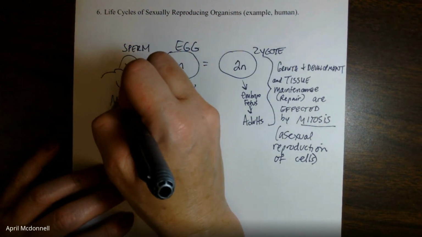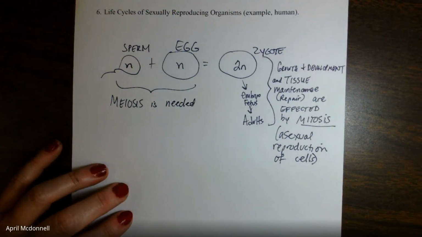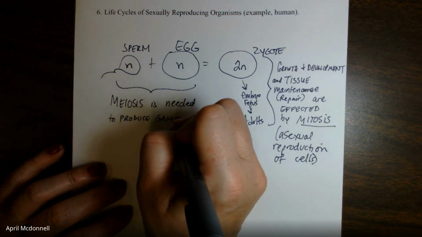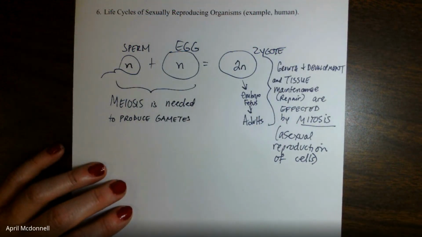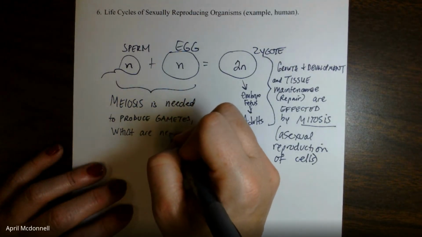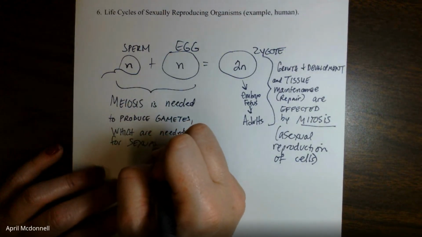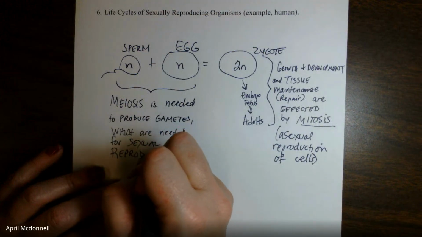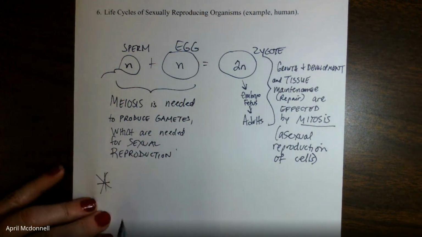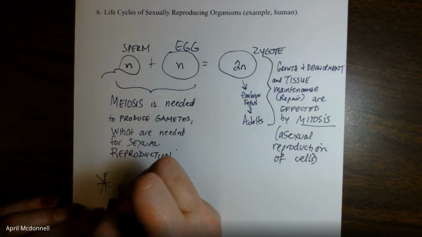So meiosis is needed to produce gametes, which are needed for sexual reproduction. So we want to make sure that you know that both mitosis and meiosis are important in the human life cycle.